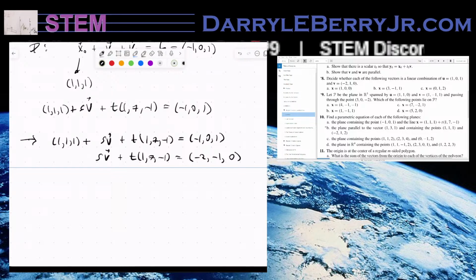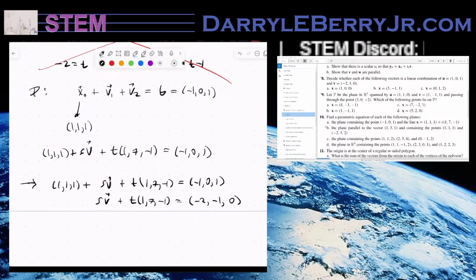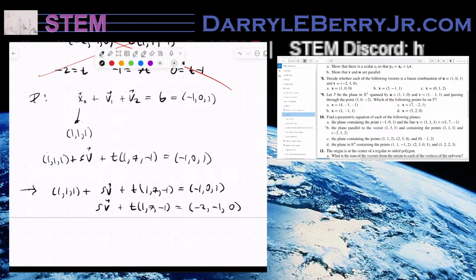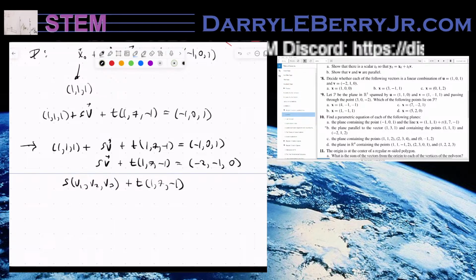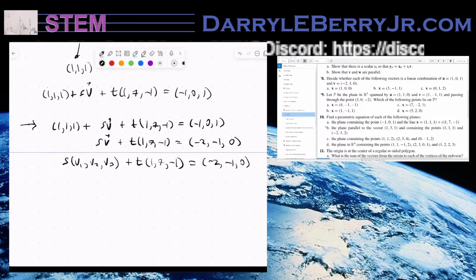So we'll see if this is sufficient. We don't know what this vector is, but we know that whatever this vector is, multiplied by S, V1, V2, V3, plus T 1, 7, -1 equals -2, -1, 0.